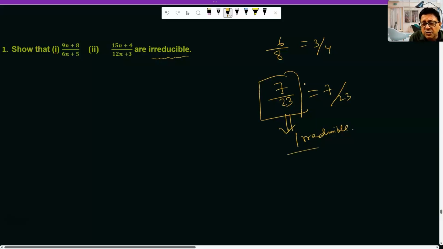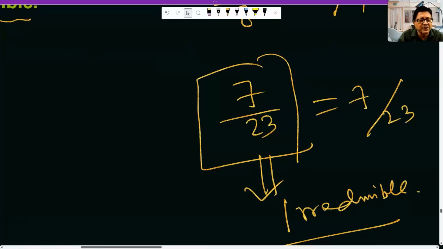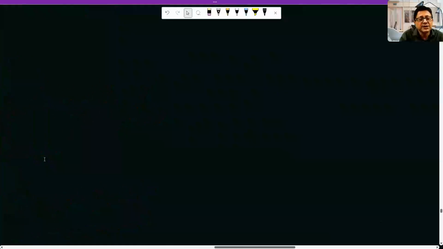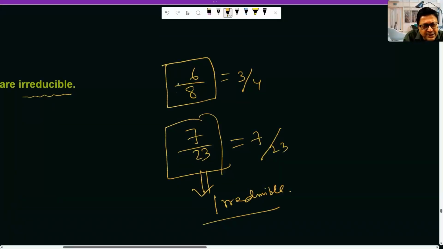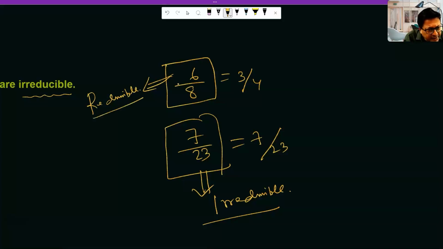It means we cannot make it into a smaller fraction. But this 6 by 8 is reducible. Am I clear? You all understand?